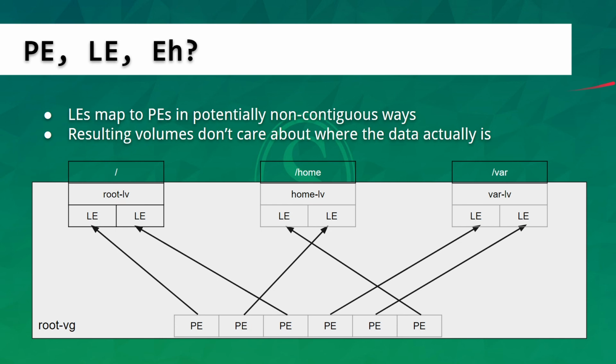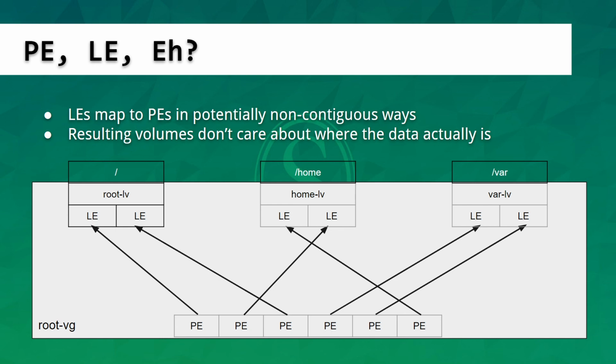So in this case, we've got our root file system installed on the root logical volume that's made up of an arbitrary amount of logical extents that correlate to the physical volume in the root volume group. In this case, it's correlating to physical extents 1 and 3.